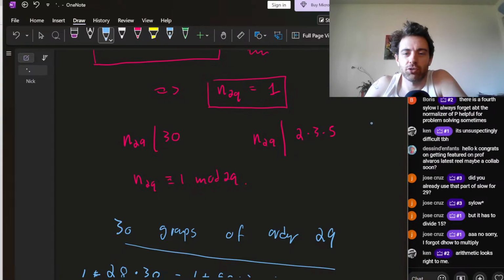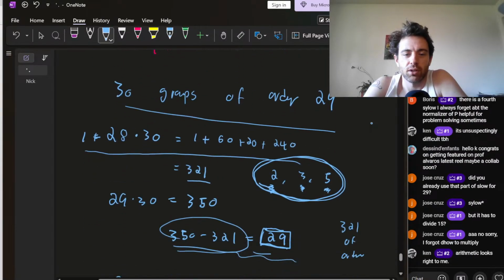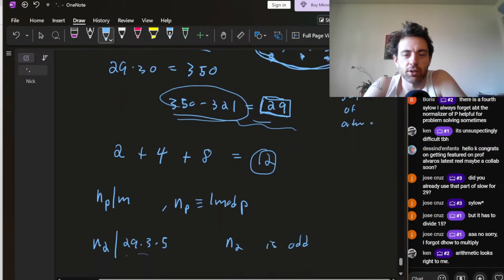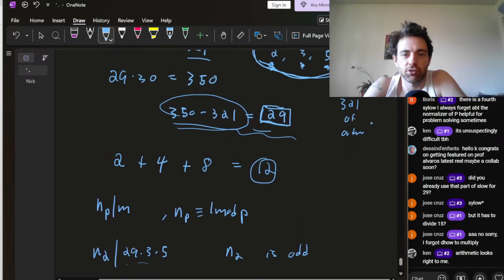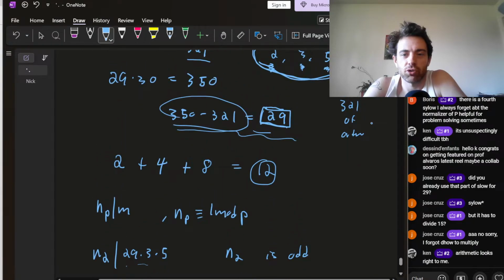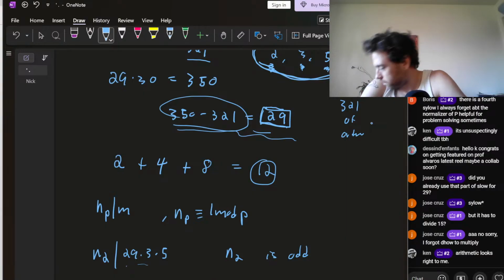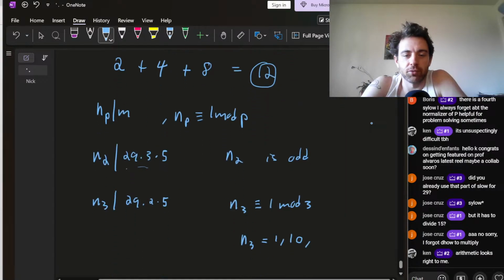Wait, are we sure about this? Okay, so where are we here? Right. We're trying to rule out the case that it's 30. So I want to somehow say that it's problematic that we would have 29 elements of some order.